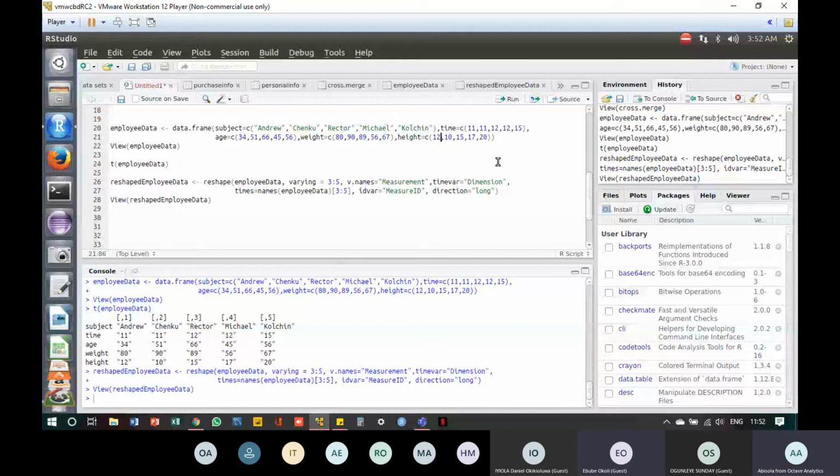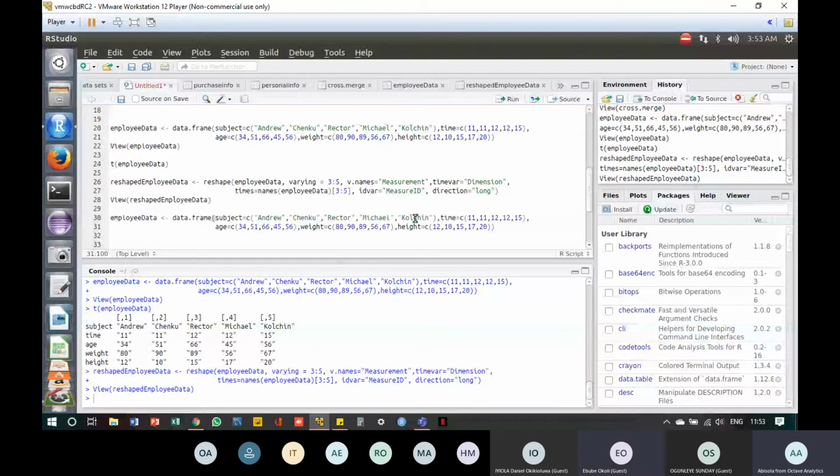Okay. Let's look at that. So maybe you have to change the format of the data.